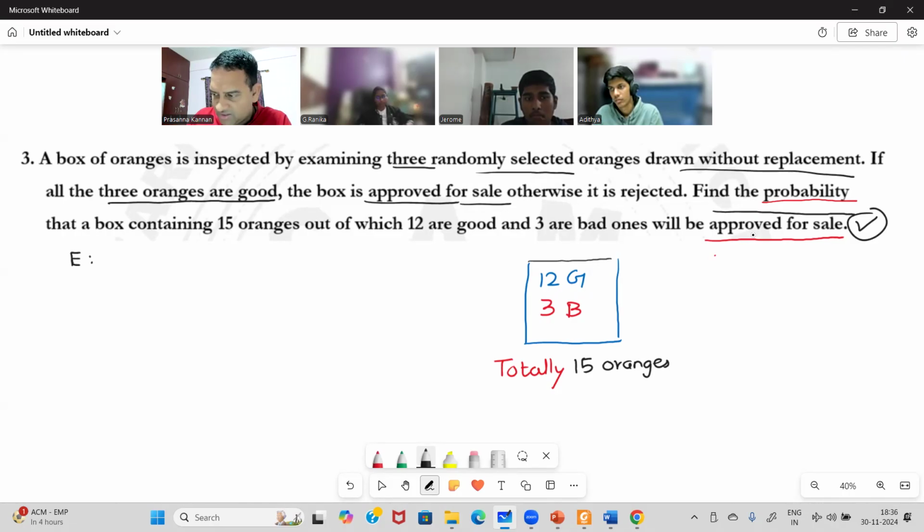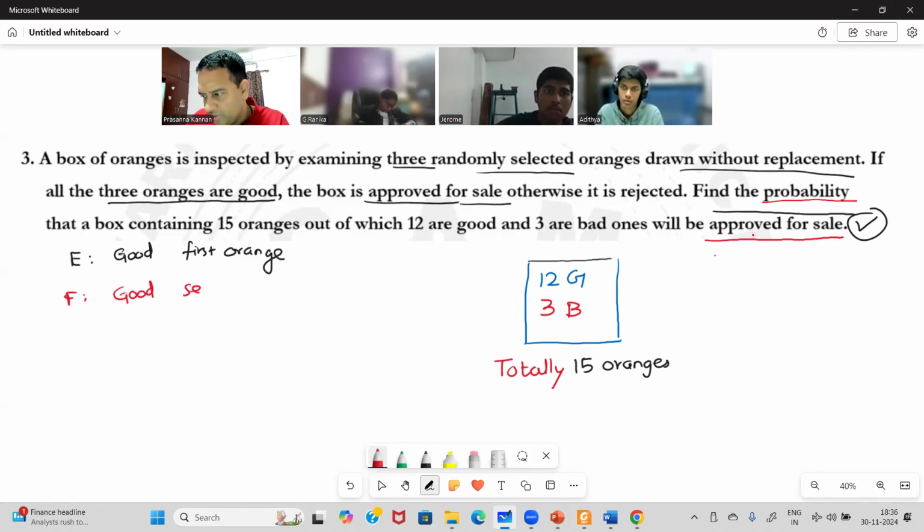So the first orange he takes, that is good. The second orange he takes, that is also what? Good. The third orange he takes, that is also good.